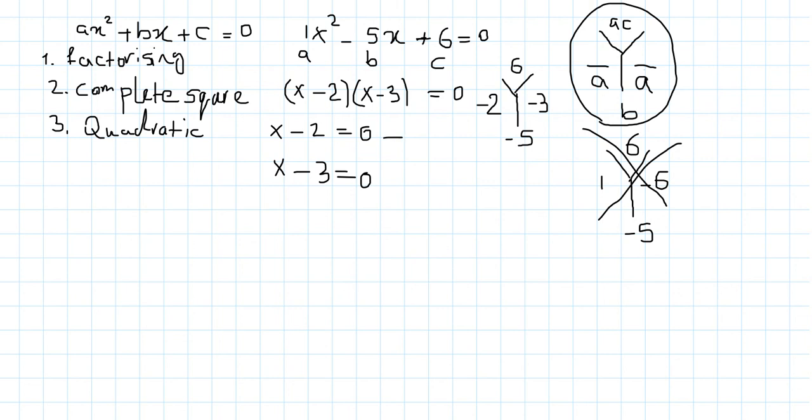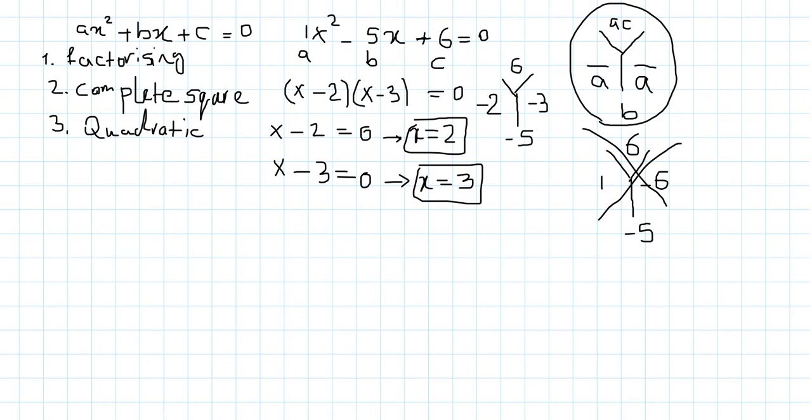So from here x is 2 and from here x is 3. I solved it easily. It is when I can factorize, but sometimes the factor of x squared, or a, is not 1.